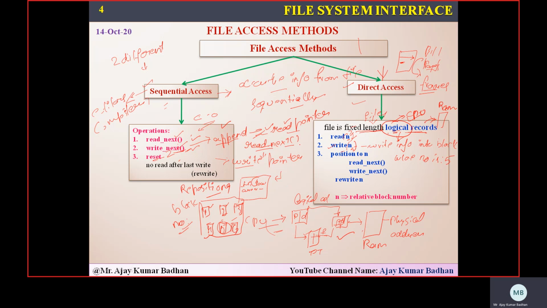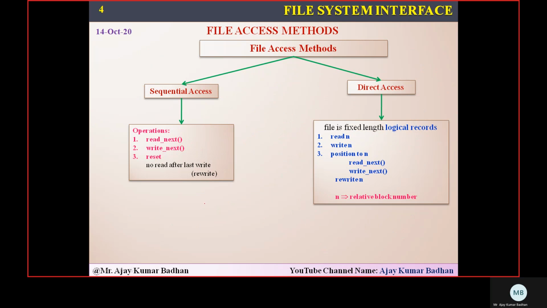If you don't want to use it in that way, and you just want to use the sequential methods, read next and write next, you want to access the same methods here in direct access, yes, you can do it.